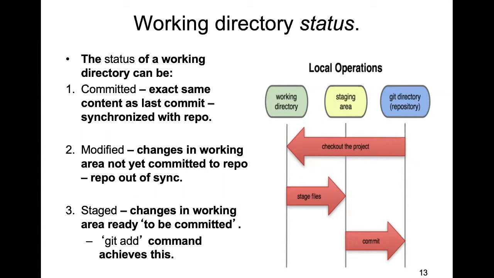The third one is an odd one really to explain, but the way we explain this idea of staged is to say that you have made changes to files in your working directory. You've told Git that you will commit them, but you haven't committed them yet.